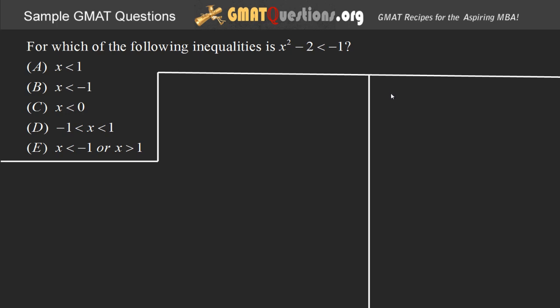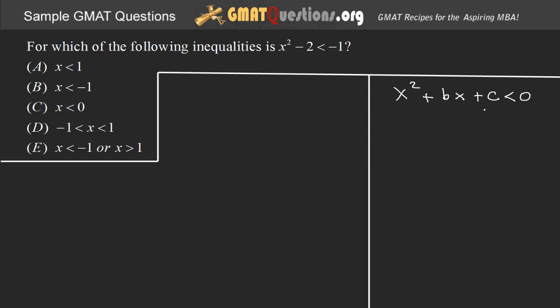In general, when you have x squared, usually you have a coefficient that is not equal to 1, but to simplify the whole thing, imagine we have a coefficient of 1 here, plus bx plus c less than 0.